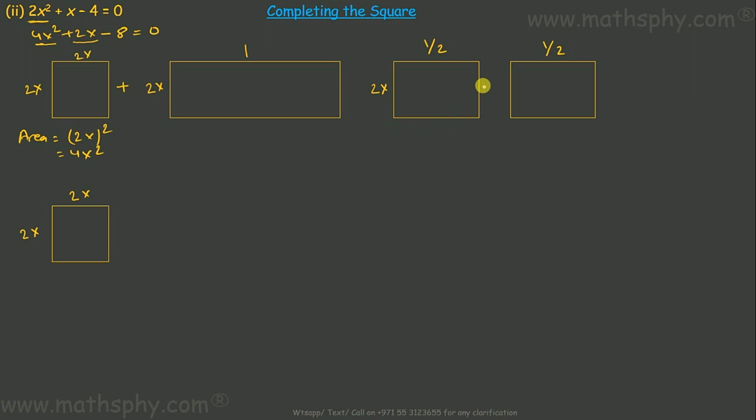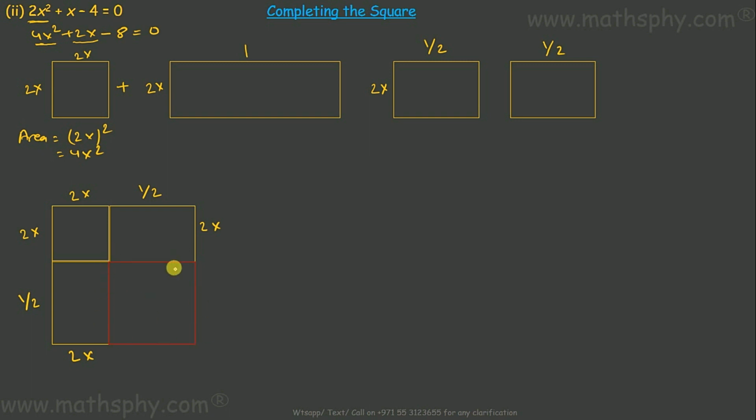Let's take this rectangle and put it next to this, like this. So this is 1 half, this is 2x. Let's take this, flip it, and put it here, like this. This is 1 half, this is 2x. Now this figure here, again I do not have a square, I need to have a square.